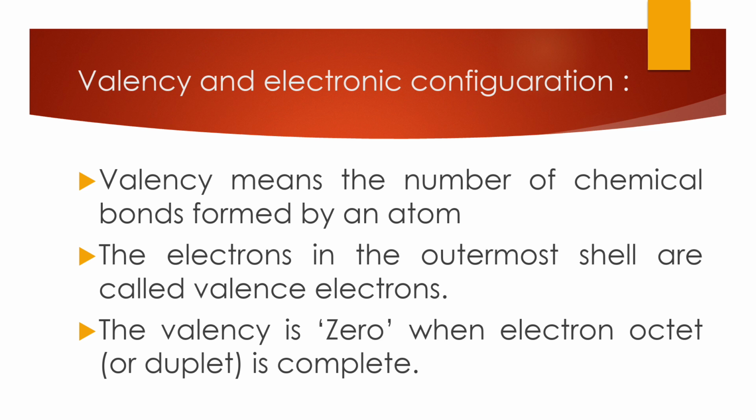If 2 electrons are present in the first orbit of an atom, and that is the only electronic configuration of that atom, then the duplet is completed. And if in any atom 8 electrons lie in the last orbit, the L orbit, then the octet is complete. And for such elements, the valency is 0.